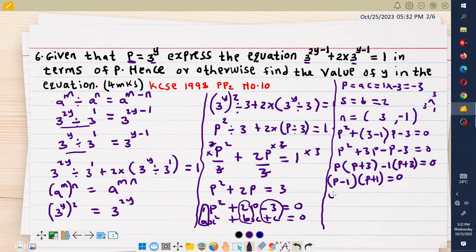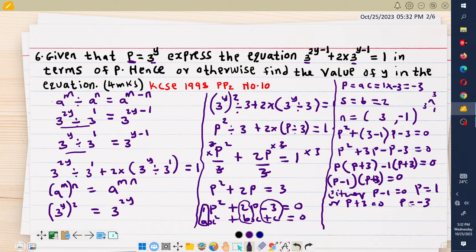So either p minus 1 is equal to 0, which simply means that p will be 1, or p plus 3 is equal to 0, therefore the value of p will be negative 3.